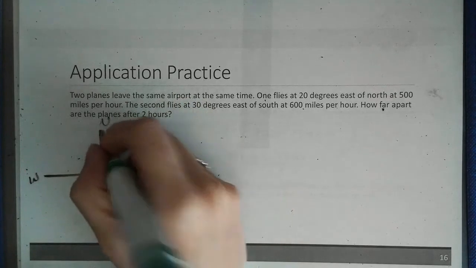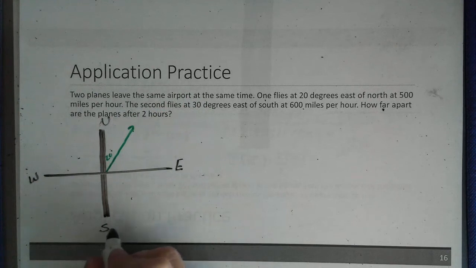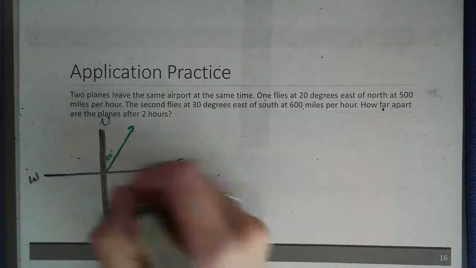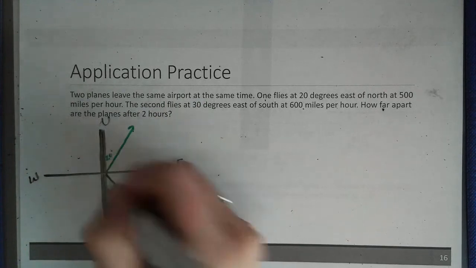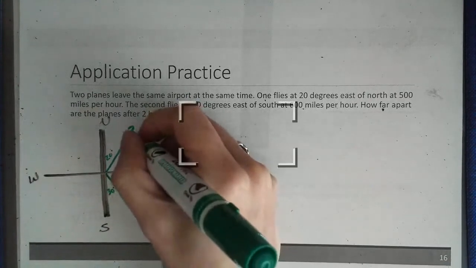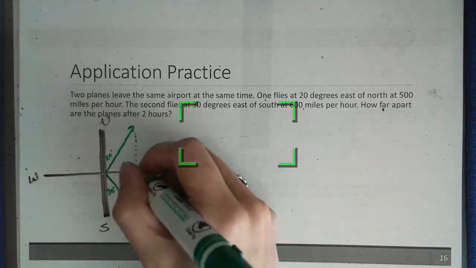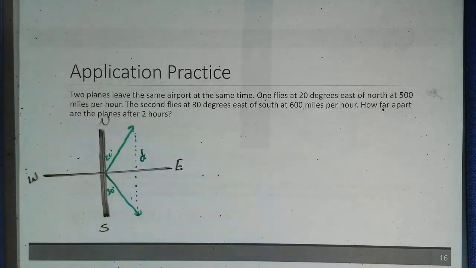So we know this is 20 degrees. The second flies at 30 degrees east of south. So we start at south, turn 30 degrees east. And that's kind of what we're looking at. We want to find the distance between these. I'll use D for distance.